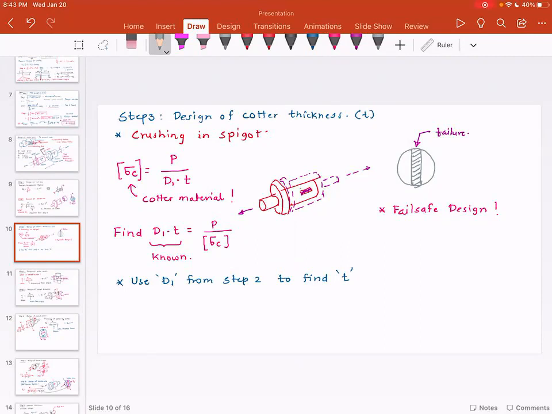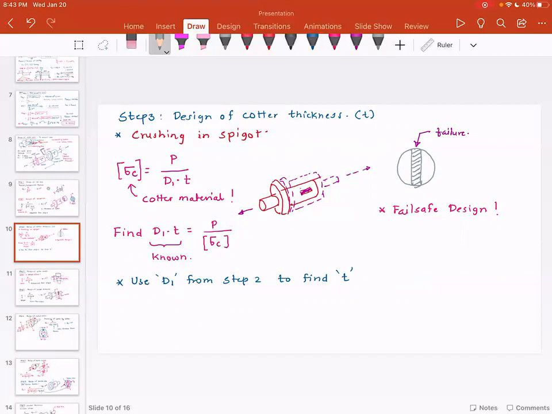So you should always round it to the higher side. Don't keep the dimension in fraction, because it never happens in design. The dimensions that you calculate are sort of a guideline. You want your dimensions to be greater than these dimensions, and those greater dimensions should be the standard dimensions.